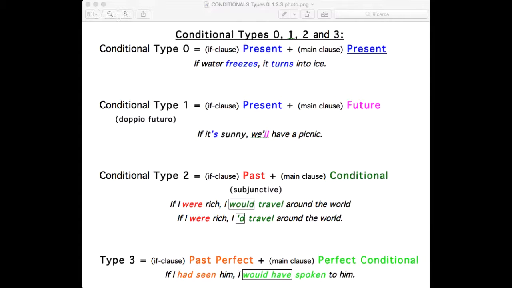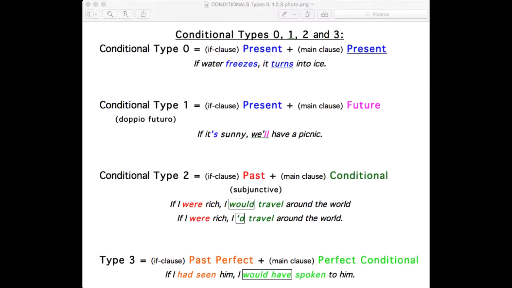But the English subjunctive is identical to the past, except for the verb to be. And even the verb to be has, unfortunately, according to me, been changed, and nowadays we can use it as if it were the simple past. And then the main clause is used in the conditional, and the conditional is with would.